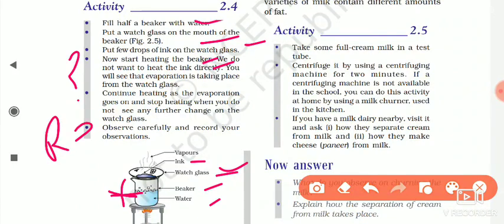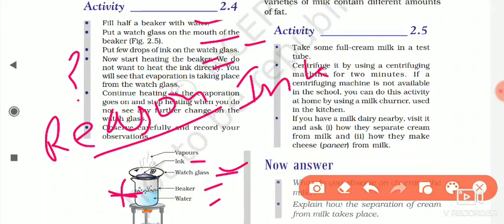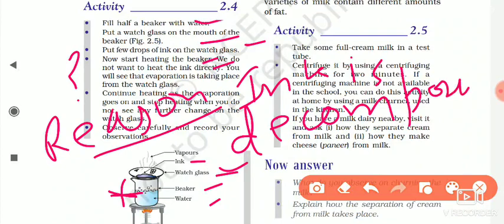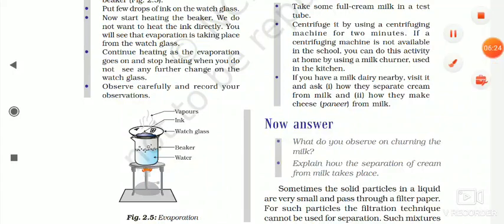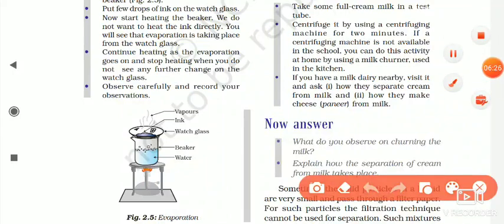The reason is, if we heat it directly, then the ink is decomposed, means the ink is burnt and we cannot separate the dye from the ink. Okay, now start heating the beaker, but not the ink directly.